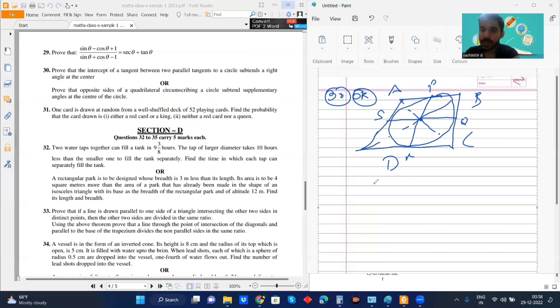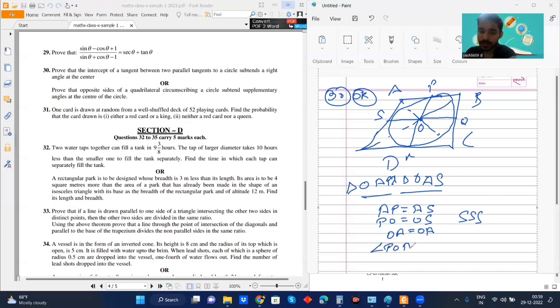Now, in triangle OAP and triangle OAS, AP is equal to AS, tangents from same point, PO equals OS, same radius, OA equals OA, common side. So by SSS condition they are congruent. So angle AOP is equal to angle AOS by CPCT.